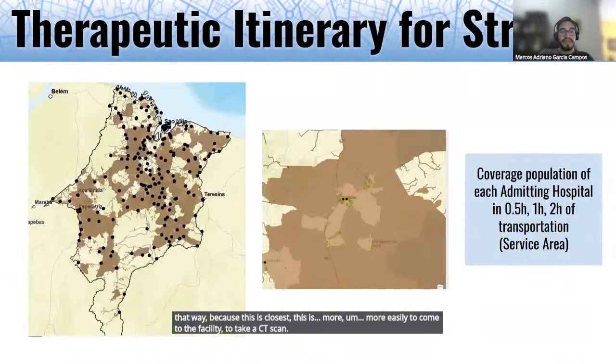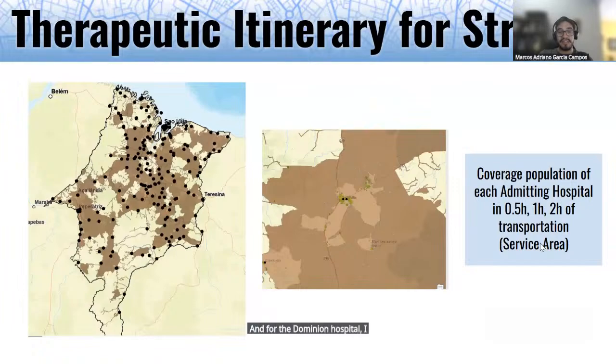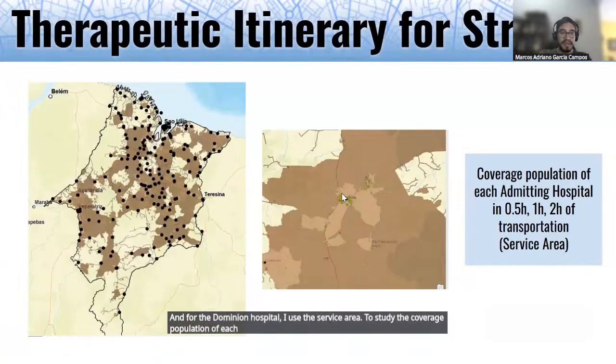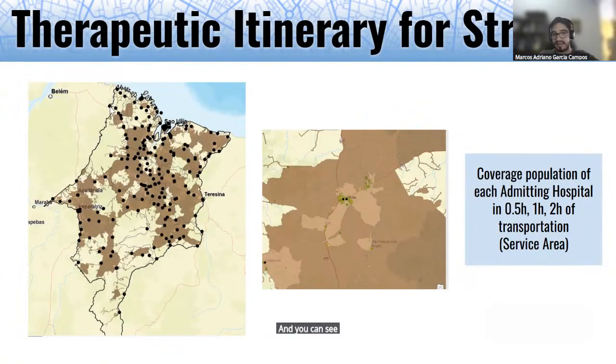And for the admitting hospital, I used the service area to study the coverage population of each admitting hospital. And we can see they could take a lot of places in Maranhão, and they can study people living within 30 minutes, 1 hour, 2 hours.